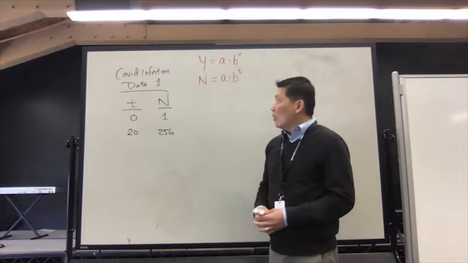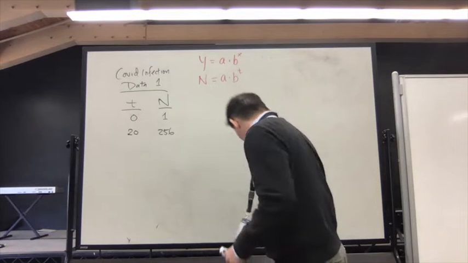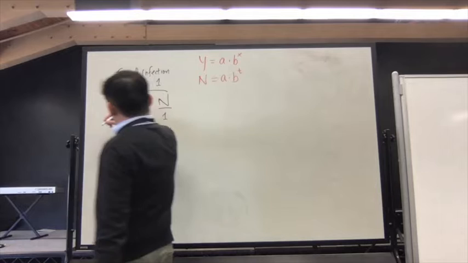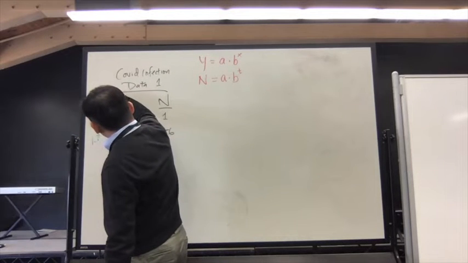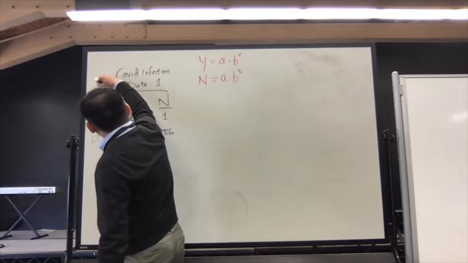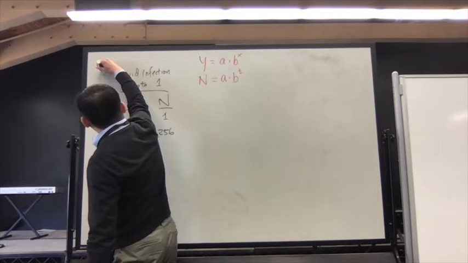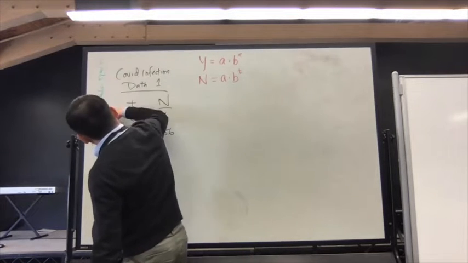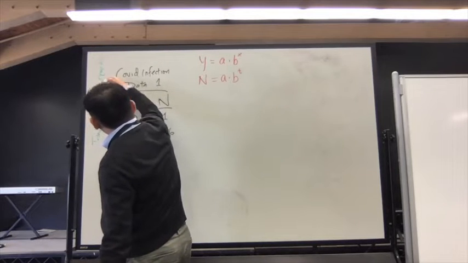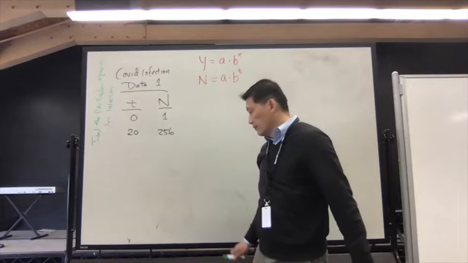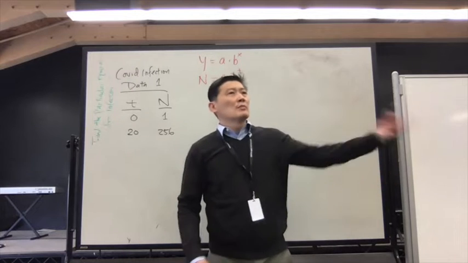So the big question here is, find the particular equation for infection. Now, if we can come up with a particular equation for infection, that means that we can make predictions, right?